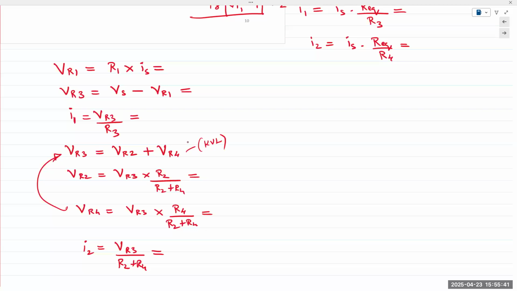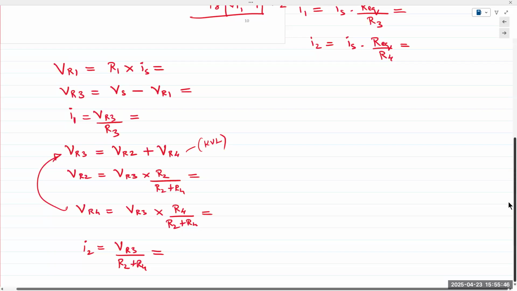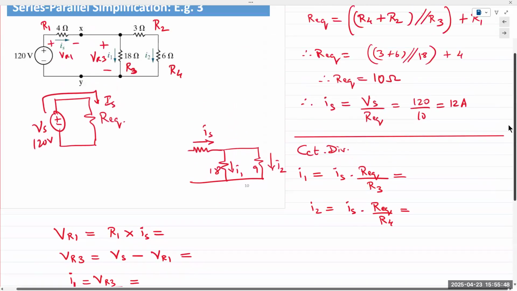Do the steps make sense? Okay. All right, there's about 4 or 5 minutes left. I'll quickly go over the next one.